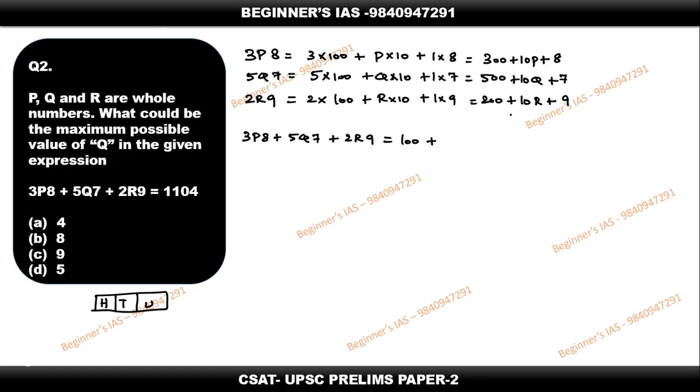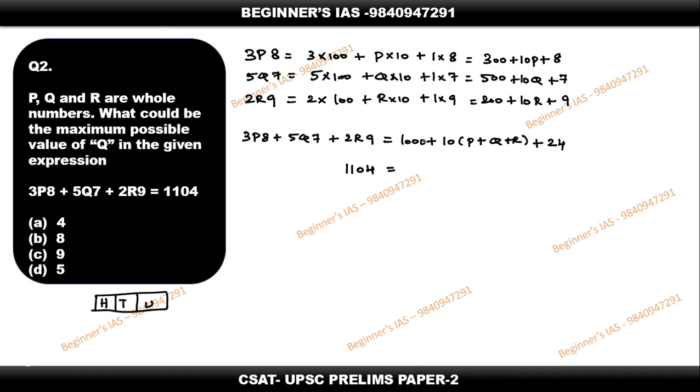Then by adding, we can take 10 as common here. By taking 10 as common, I'm getting P plus Q plus R. Then in this position, 8 plus 7 plus 9, 24. I know the value of the LHS. It is given in the question: 1104.